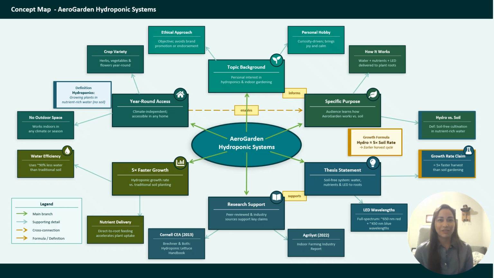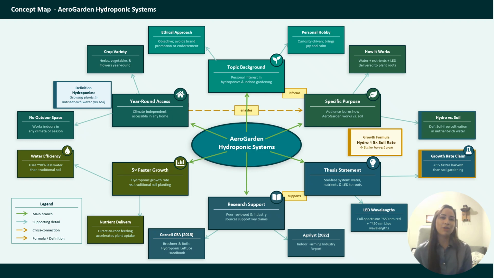And of course, once I placed my central idea, which again is AeroGarden hydroponic systems, the major branches came out automatically, which is where I decided to focus on the background, the specific purpose, the thesis, my research sources, and the key benefits. And from each of those, the supporting details just started flowing. I realized I wasn't forcing an outline, I was thinking out loud on a slide.